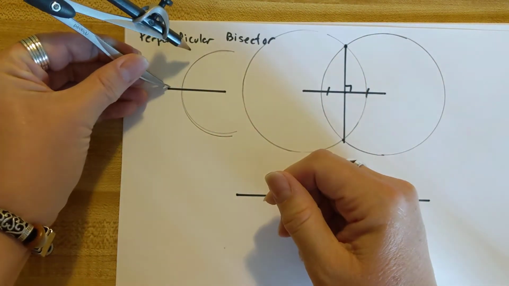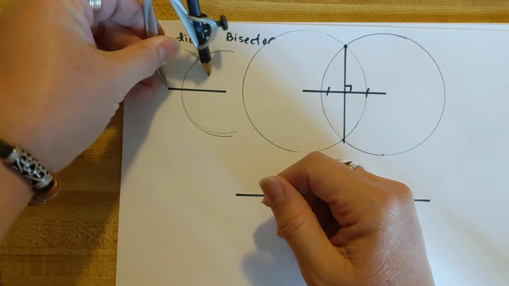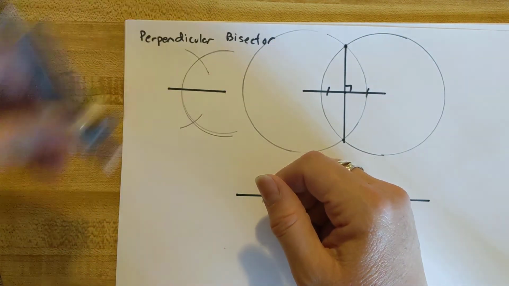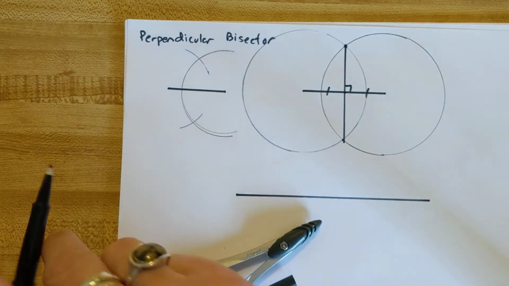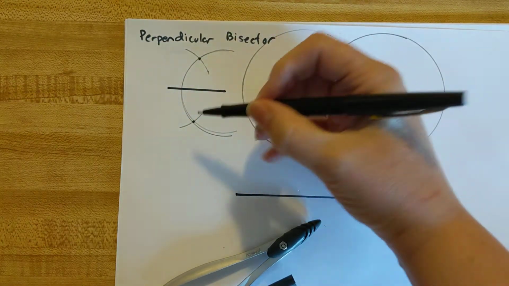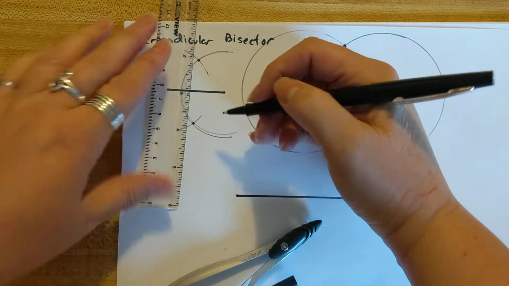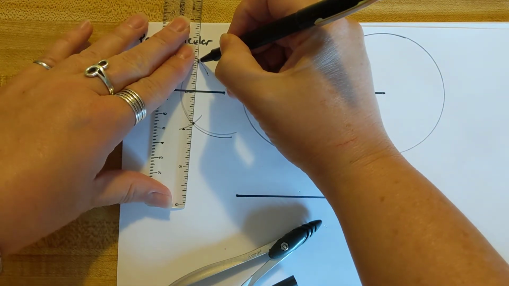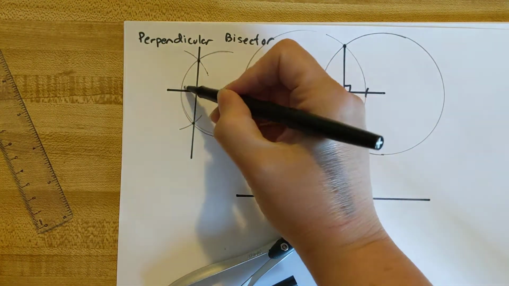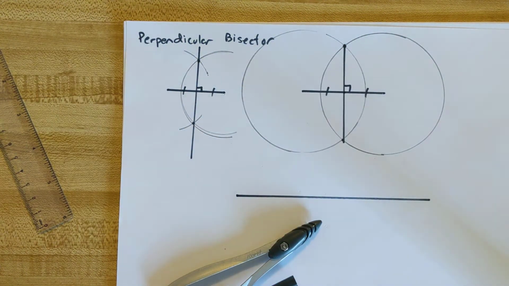Okay, and then I do the same setting from over here. Again, I don't really need the whole circle. If you want to lift it up, I just need that much of it. Where those intersect, I create 2 new points. And when I connect those, it's perpendicular, and I bisected the original segment.